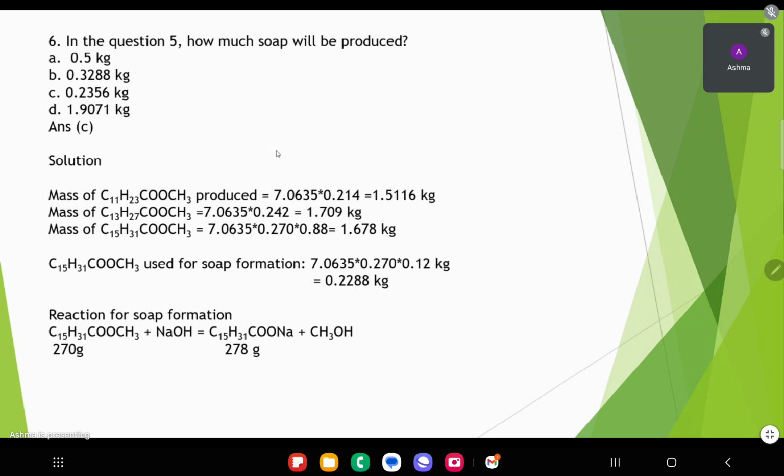So 270 grams of this produces 278 grams of the soap. So 0.228 kg will produce 278 into 0.228 upon 270 kg of the soap, that is 0.2356 kg. So the correct option is C.